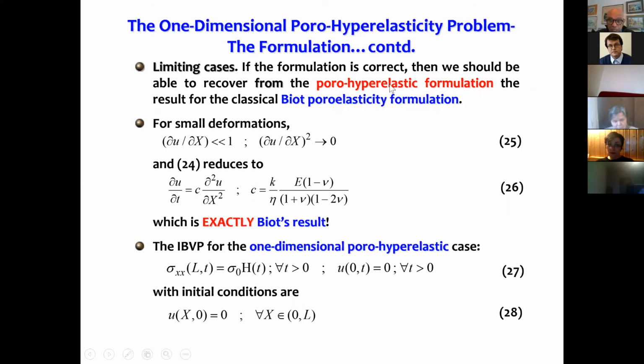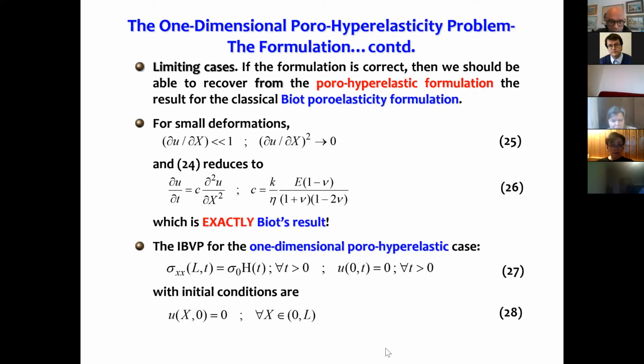But we can look at the limiting cases. That means when the deformation gradients are small, then this du over dx will be very much less than unity, and then the square of the gradients can be neglected. And then the previous nonlinear partial differential equation reduces to exactly what Biot had for the one-dimensional consolidation test for soils, for example.